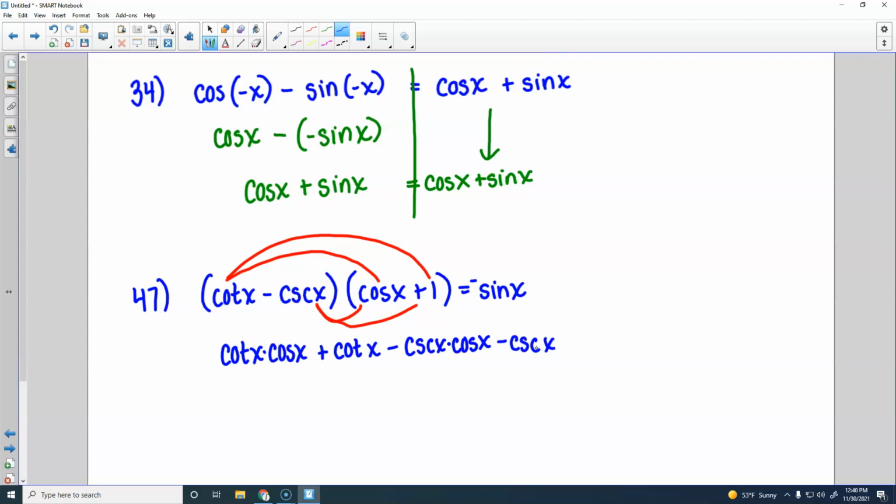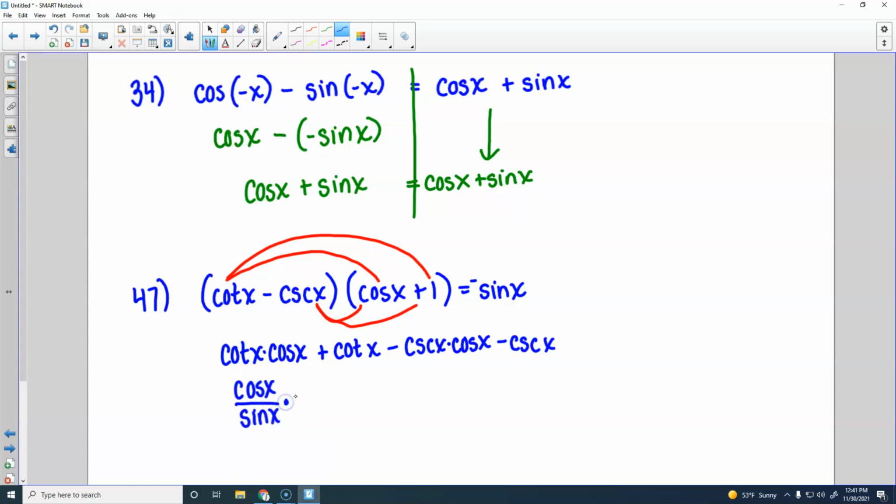This kind of made it look worse. My hope, though, was maybe that when I change things to sine and cosine, they'll cancel. I'm not sure if they will, but we'll see. So we got cotangent is cosine x over sine x.